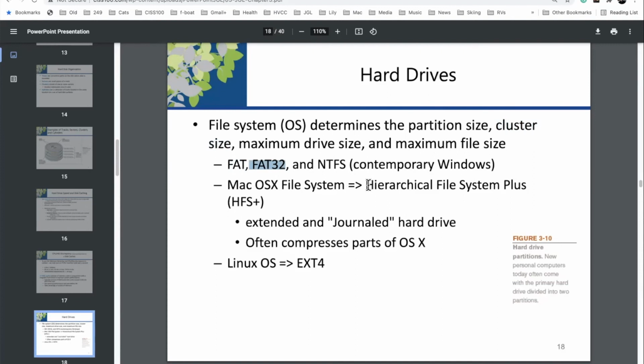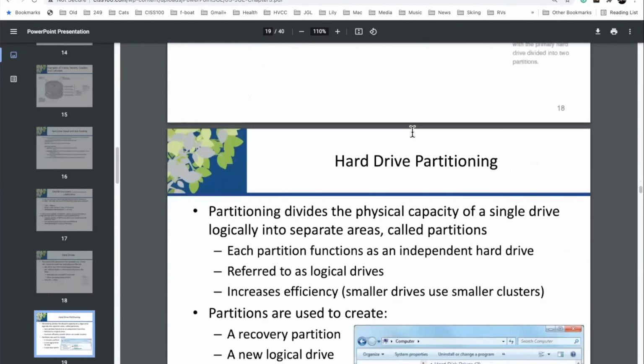But if you format a USB drive using HFS, you're not reading it on a Windows computer. I meant to highlight Windows there. In contrast, it's not as effective or efficient as the FAT32 exFAT, but it can be read by all operating systems, portability. Linux, this is not in the textbook, and I just included it just so you know. Let's take a look at partitions here, partitioning.